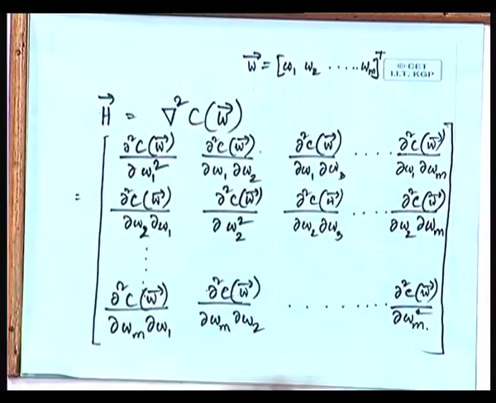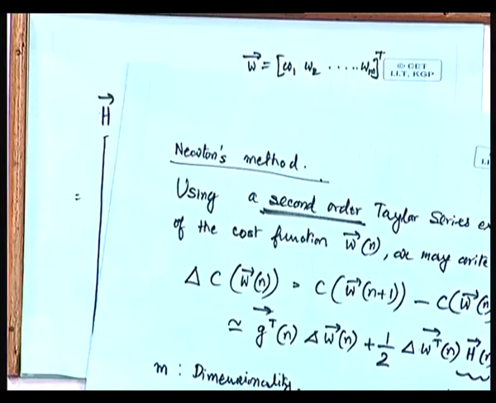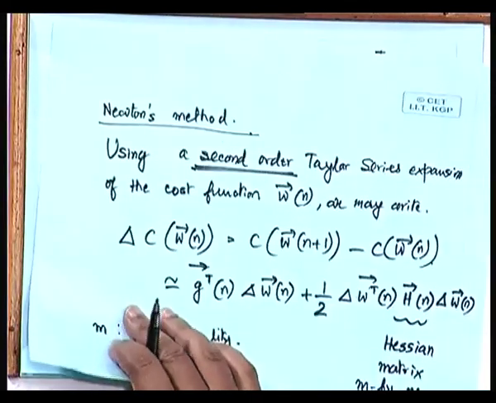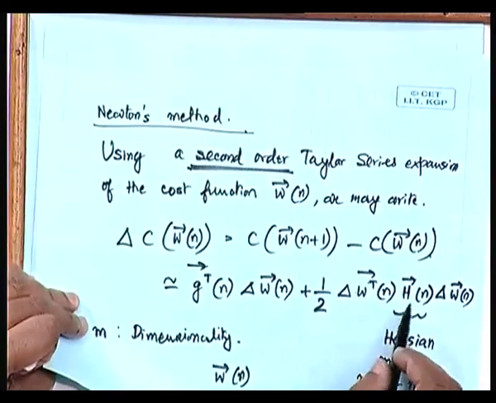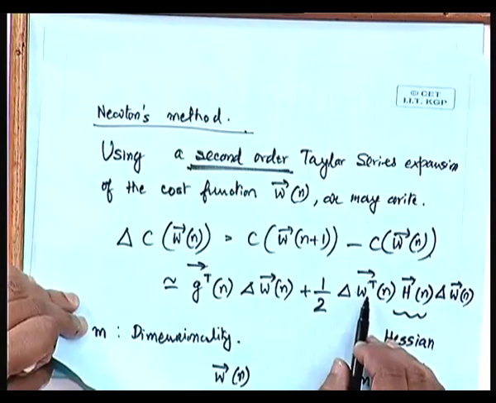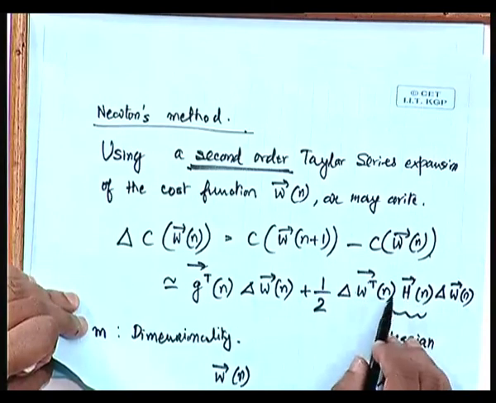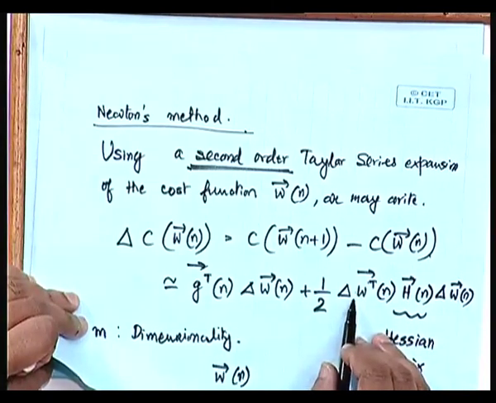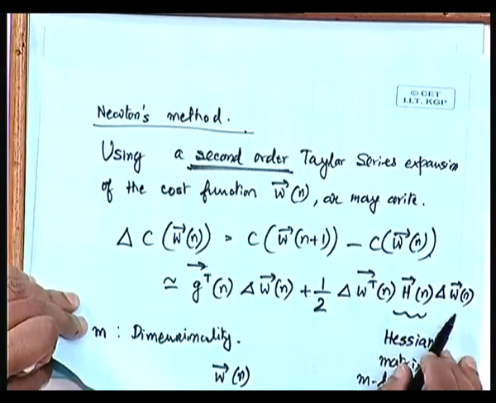It involves all the second order derivative terms, and if you take a second order derivative, this is what will result. So the Hessian matrix in this case is pre-multiplied by delta W transpose n and post multiplied by delta W n.